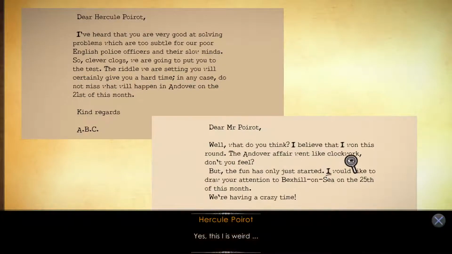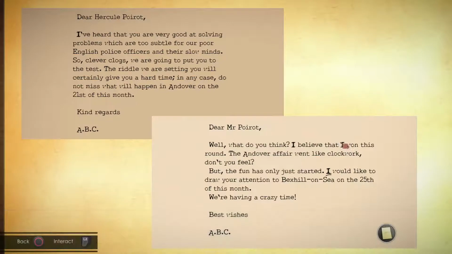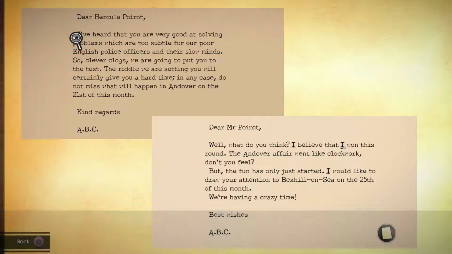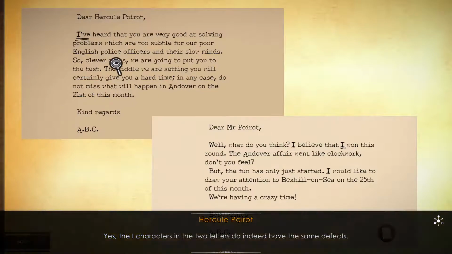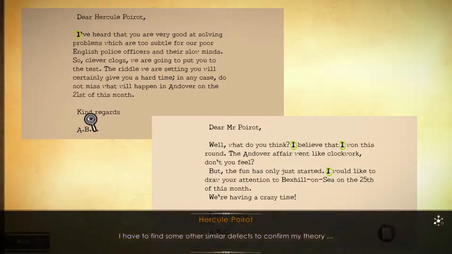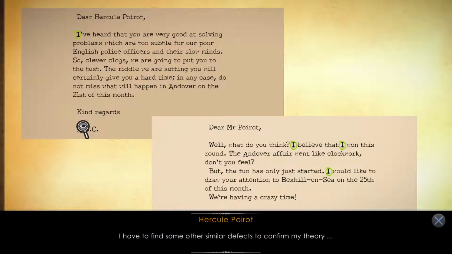Yes, this I is weird. Yes, the I characters in the 2 letters do indeed have the same defects. I have to find some other similar defects to confirm my theory.